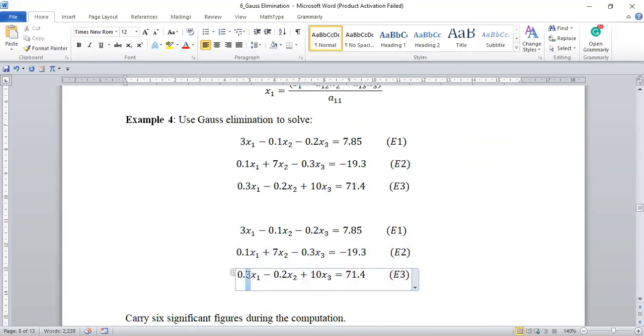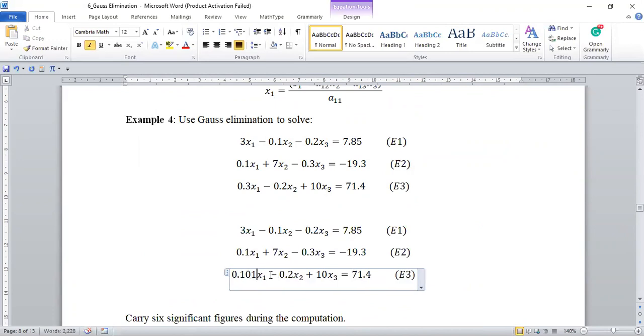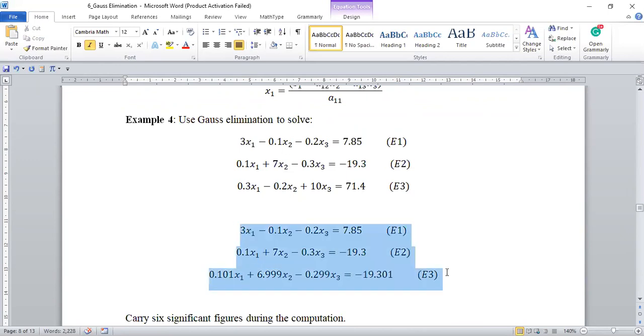If the third equation was 1.101, then plus 6.999, then minus 0.299, then minus 19.301. If this was the question, this equation is singular.